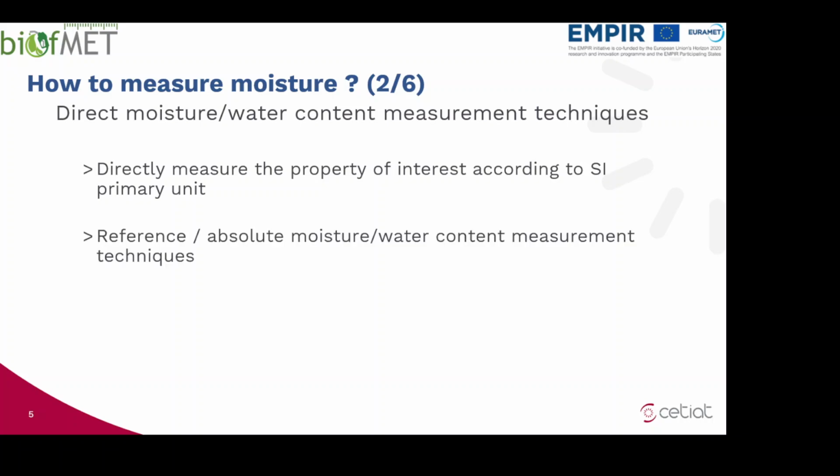Direct measurement techniques are considered the most accurate and precise way of determining the value of a physical quantity and are often used to directly realize or define the primary unit of measurement for that quantity. It implies the use of reference or absolute measurement techniques.